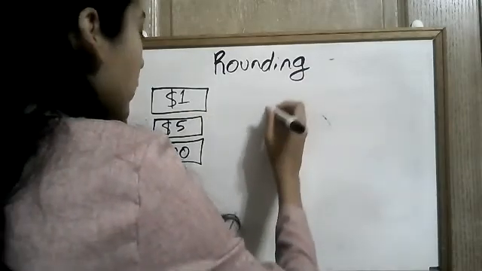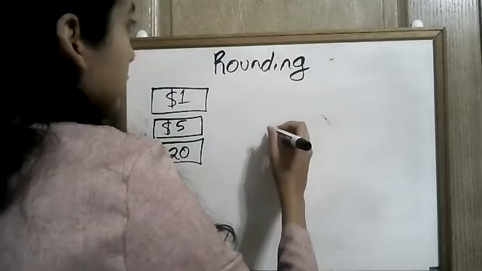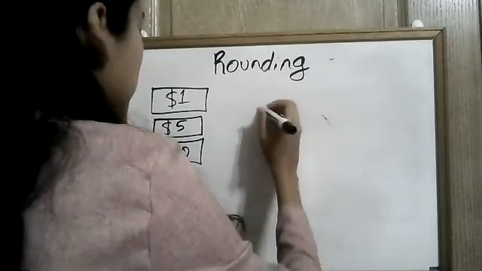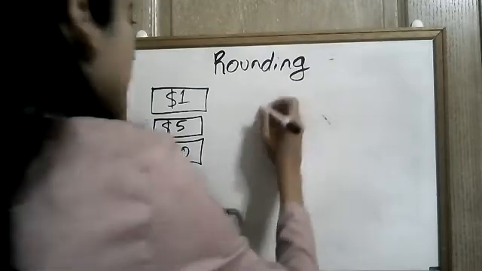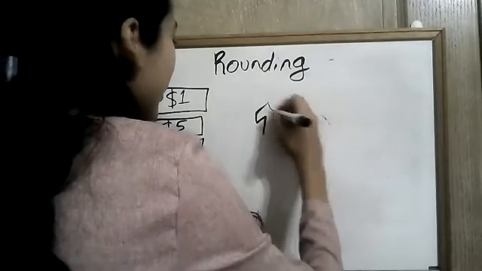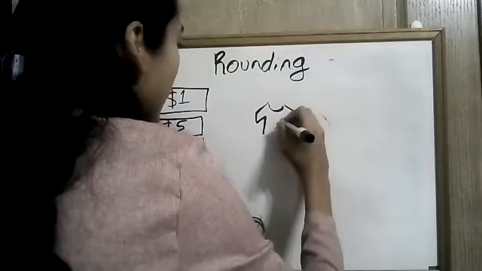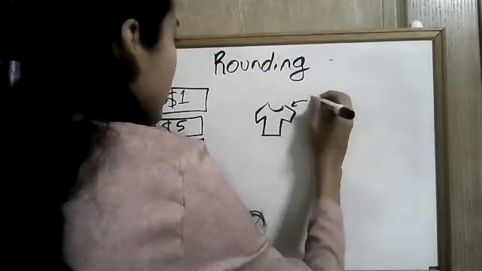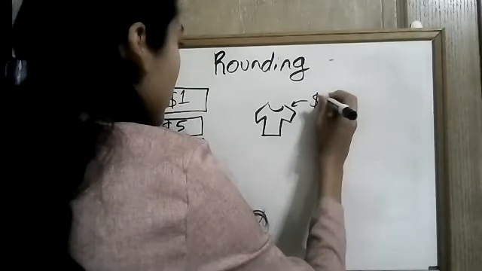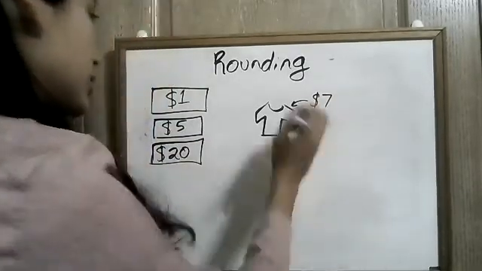Let's say you want to buy a little dress or a shirt for $7.